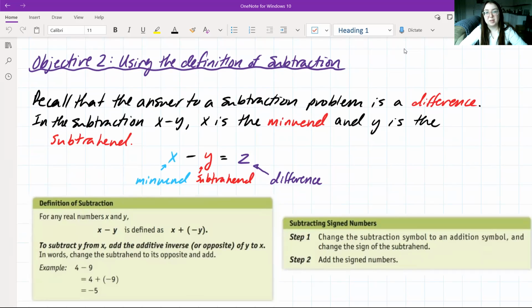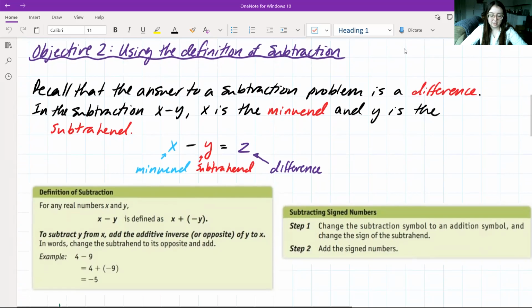And we just call them these certain names so that when we do have our definition of subtraction, we know which one we're going to end up talking about, because remember that subtraction depends on order. The order in subtraction matters. So with our definition of subtraction here, we say that for any real numbers x and y, x minus y can be defined as x plus negative y.